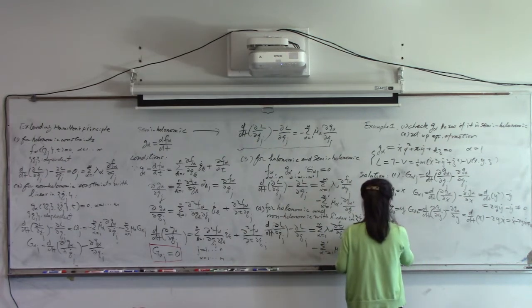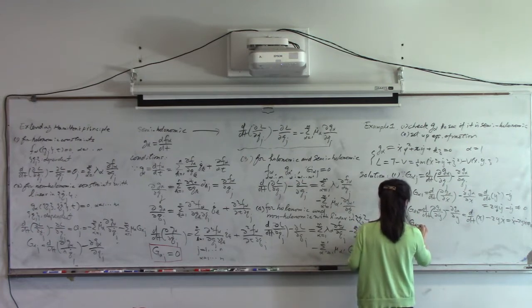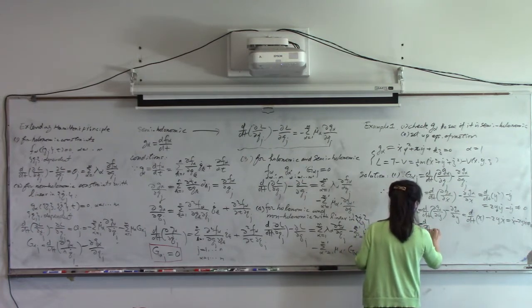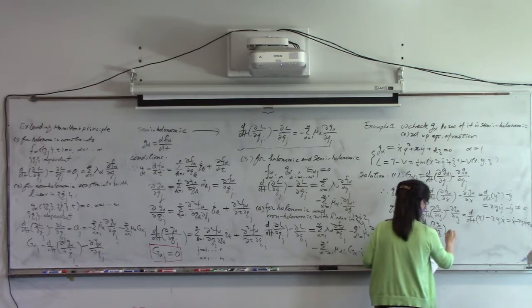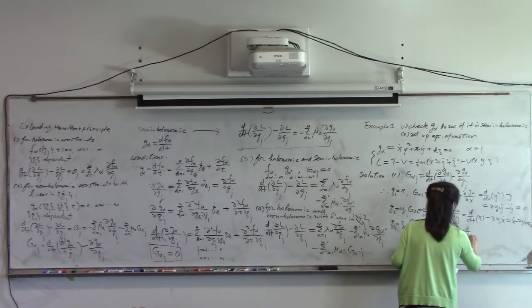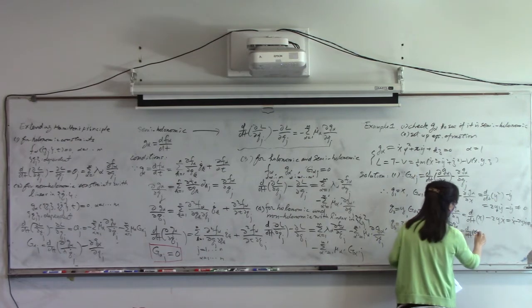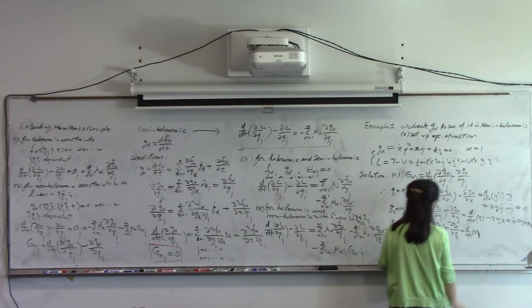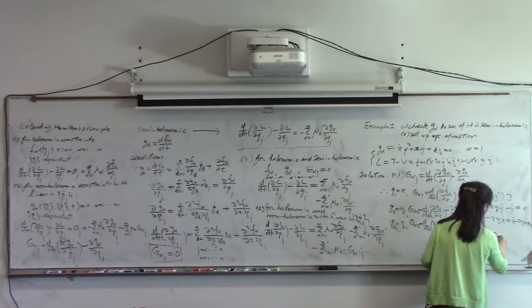Okay, let's check 3, z. G alpha 3 is d/dt of partial G alpha over partial z dot, minus partial G alpha over partial z. Do we have a z dot? There's none, no z dot. Partial z is minus k. So that equals minus k, because the other is 0, so that is also not 0.